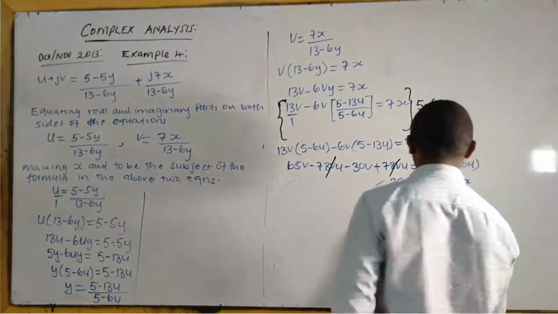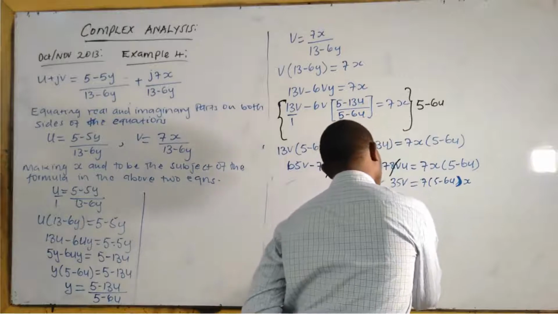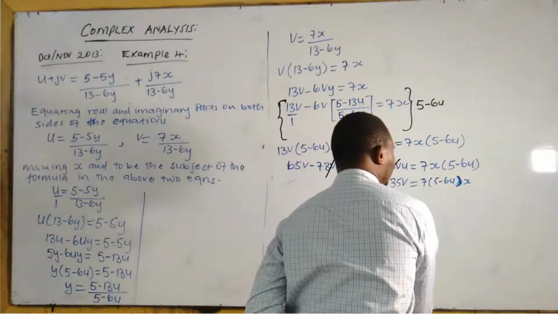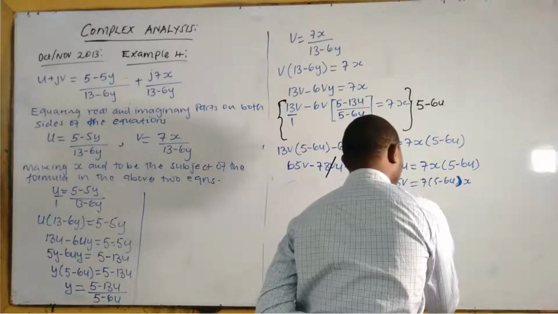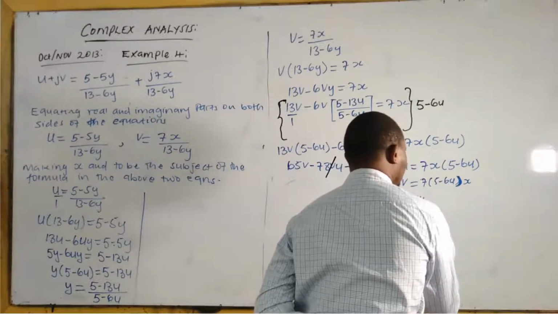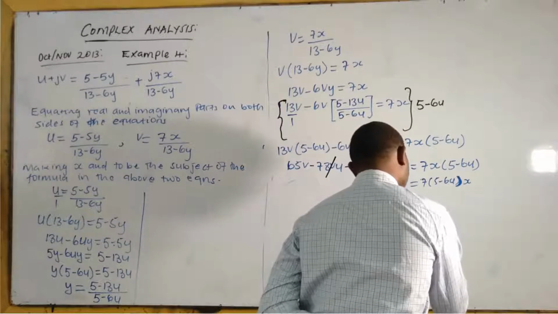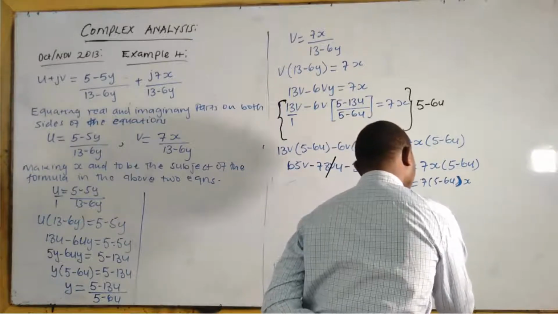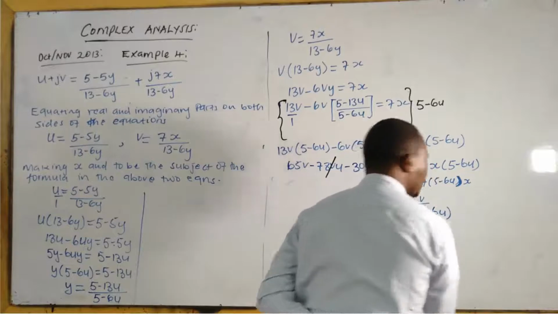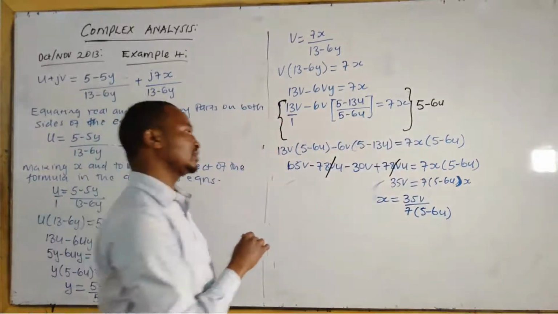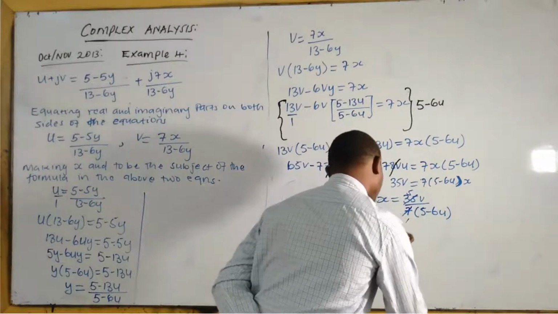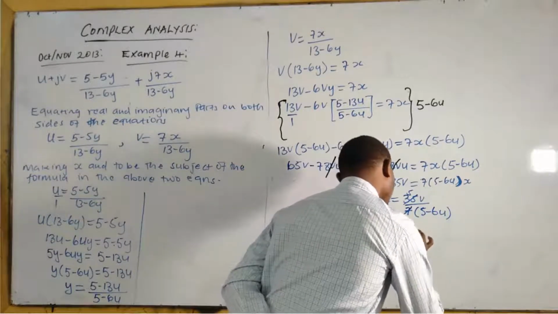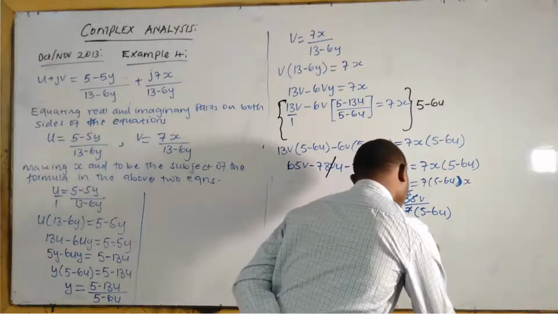So that x is equal to what? x is equal to 35v over 7 into bracket 5 minus 6u. So that now we have 7 into 7, 1 and 7 into 35, 5. This is x is equal to 5v over (5 minus 6u).